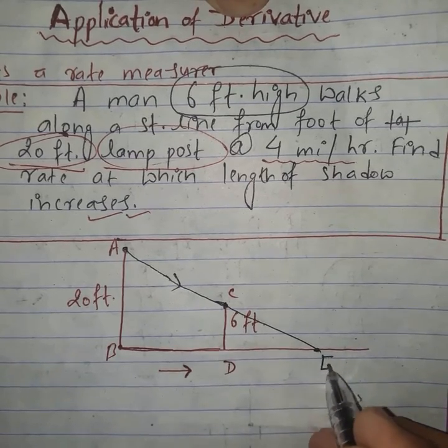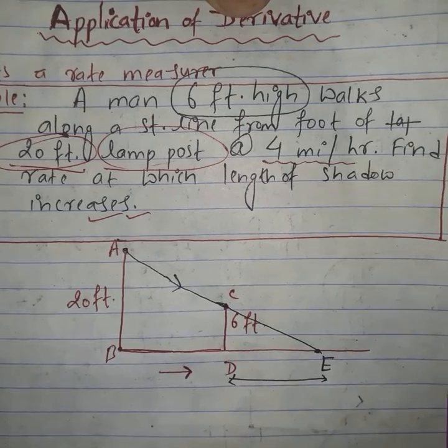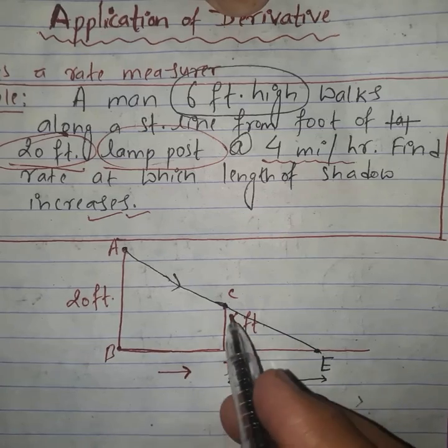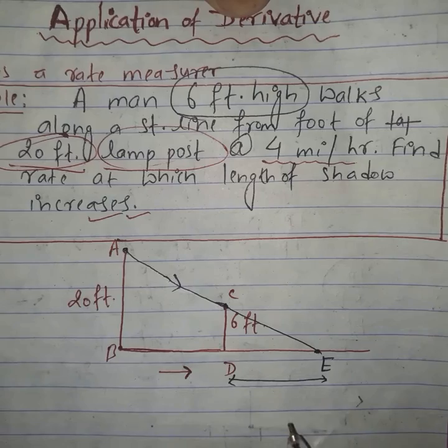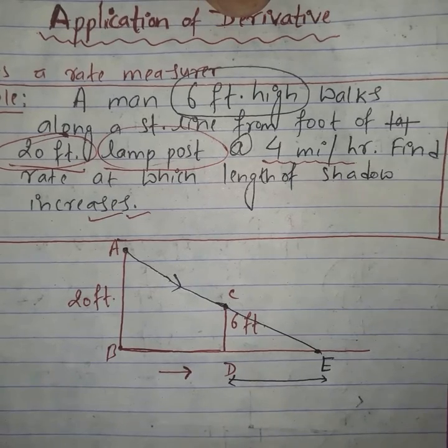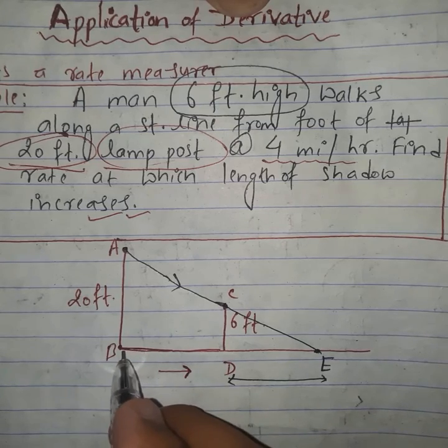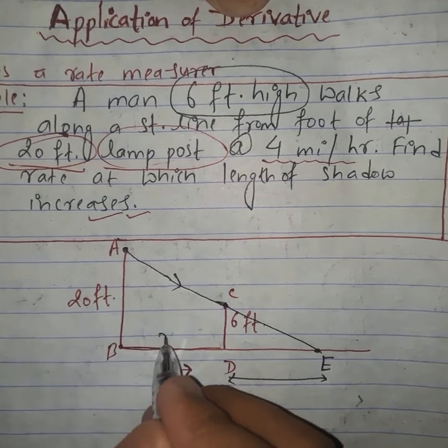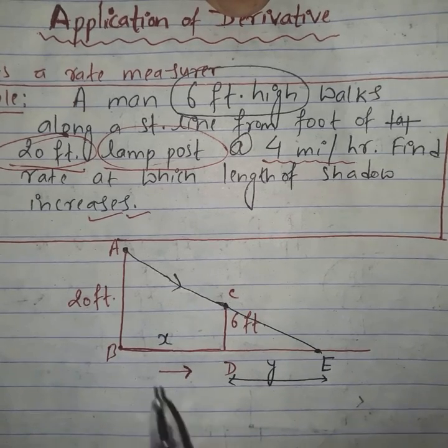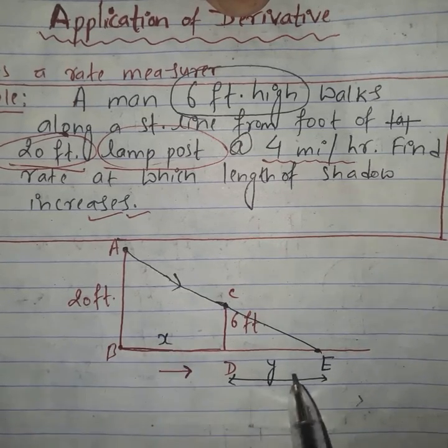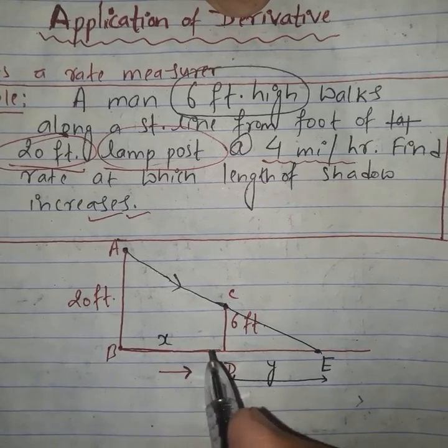Let's say this is E. This DE is the shadow. This is the shadow formed when the ray of the light is incident on the top of the man. Let's suppose this side length BD is X unit, and the side length DE is Y unit. Here we suppose the variables X and Y for representing the side lengths of this diagram.